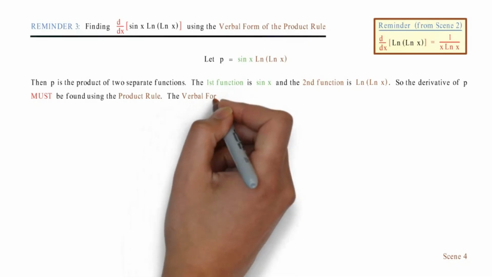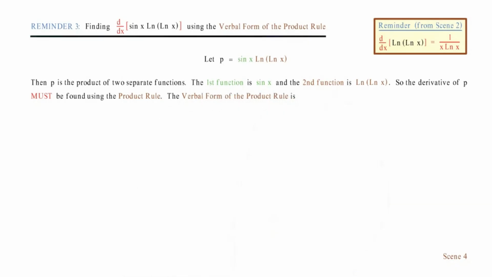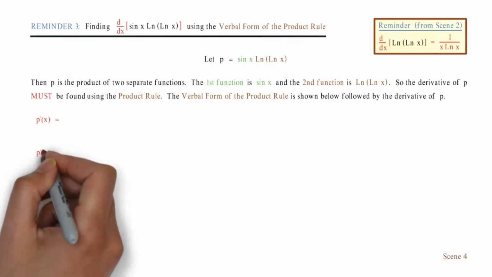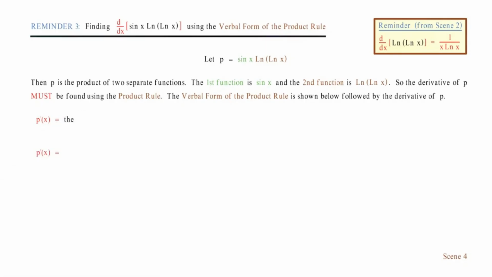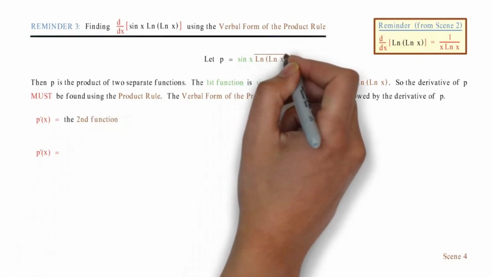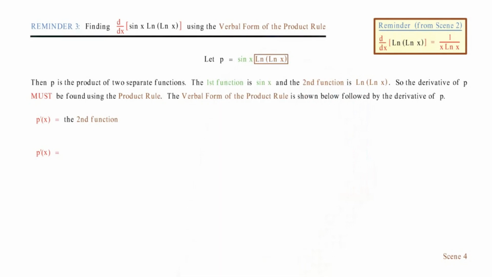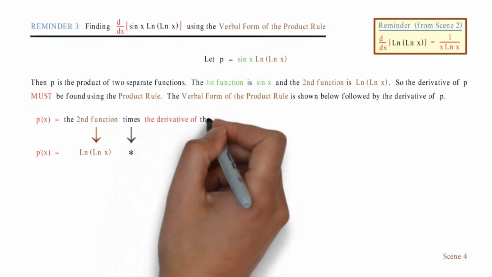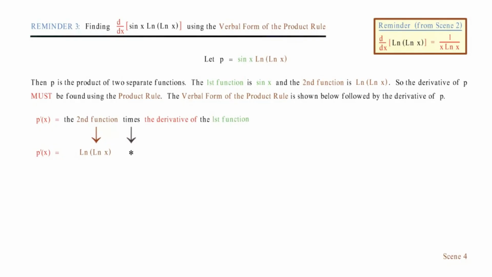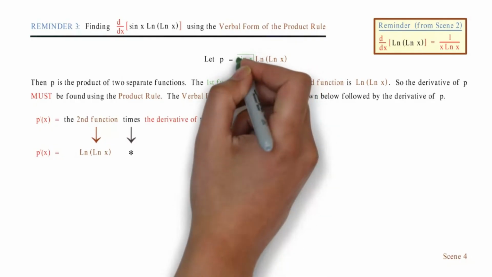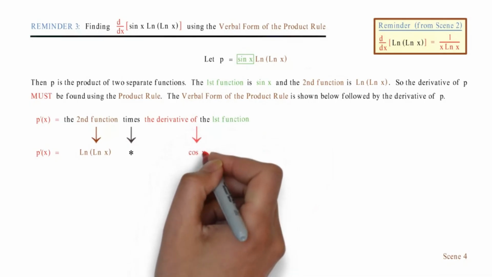The verbal form of the product rule is shown below, followed by the derivative of P. P' of x equals the second function, which is ln of x, so substitute ln of x times the derivative of the first function, which is the derivative of sine of x, which is cos of x.